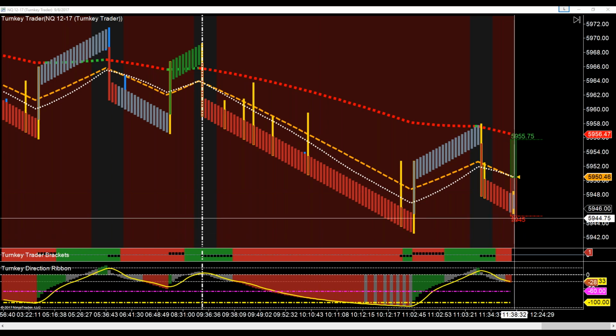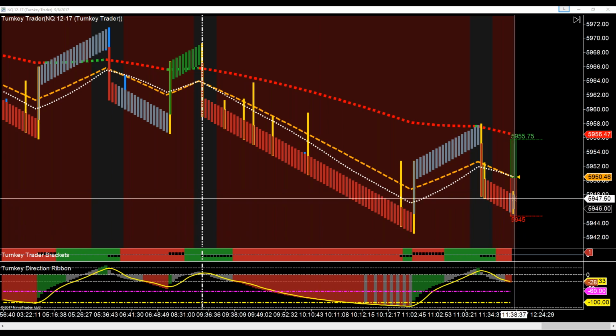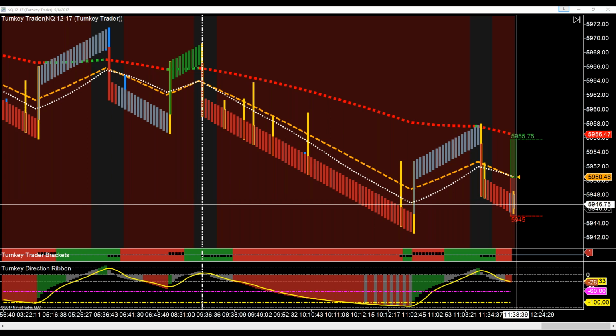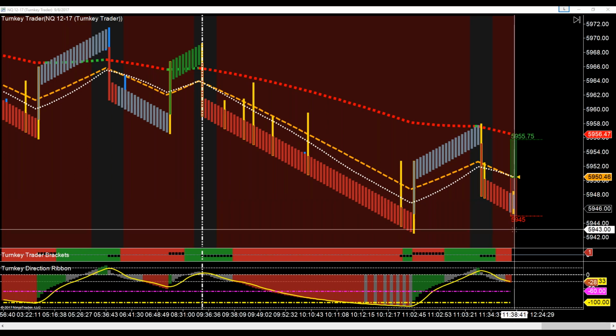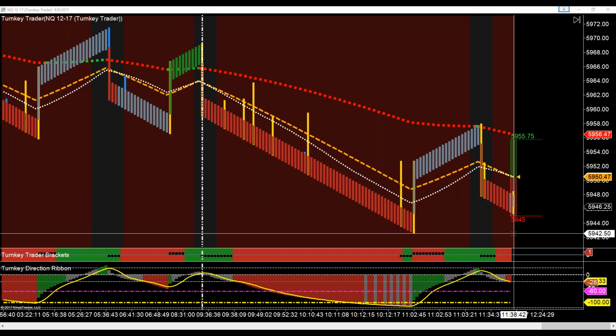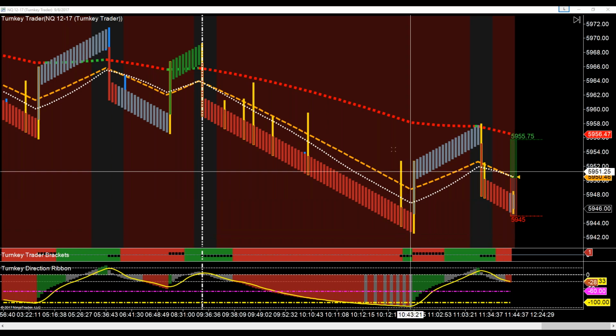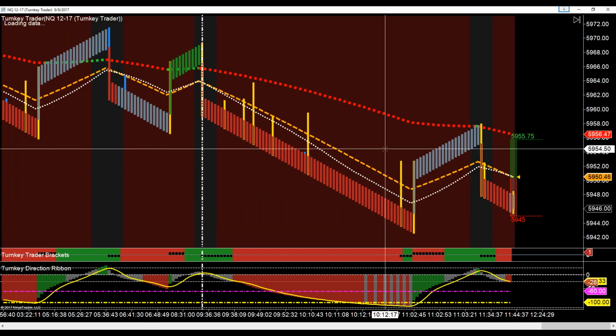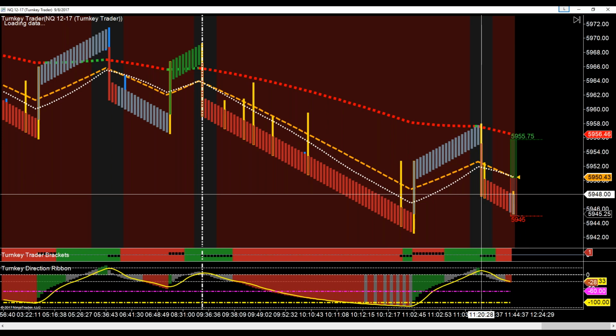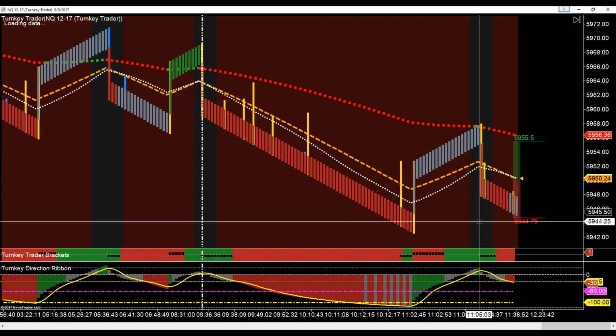So at this point, I wouldn't enter short, plus this is going to be a gray bar. So I'd probably avoid that one. If it went 2 more bars, I would likely hop in there. Just do a quick reload here, see if that straightens out.